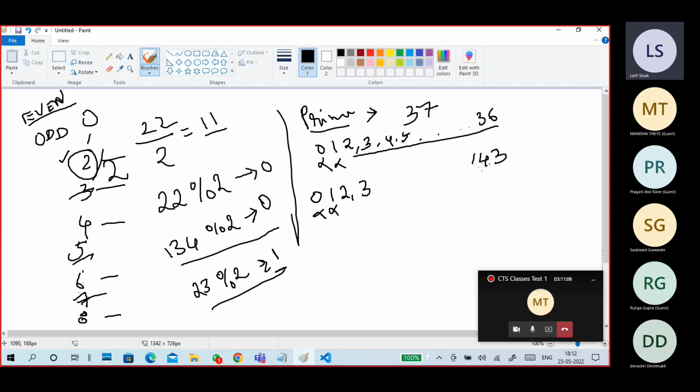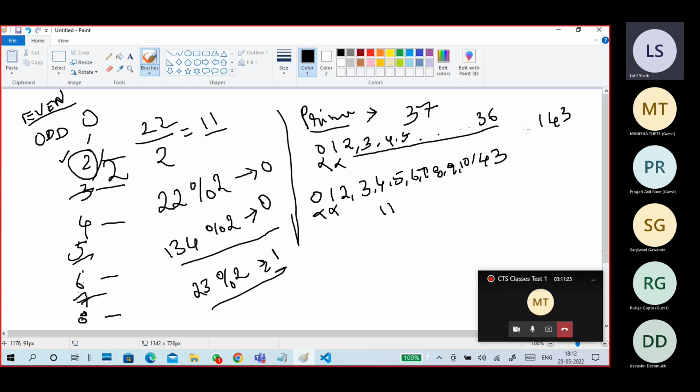So by 2, by 3, by 4, by 5, by 6, by 7, by 8, by 9, by 10, by 11. I think it will divide by 11.